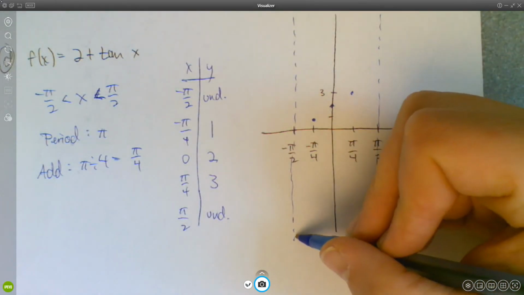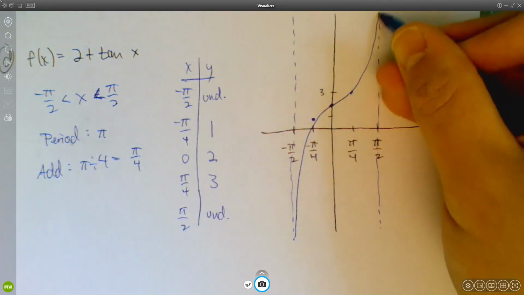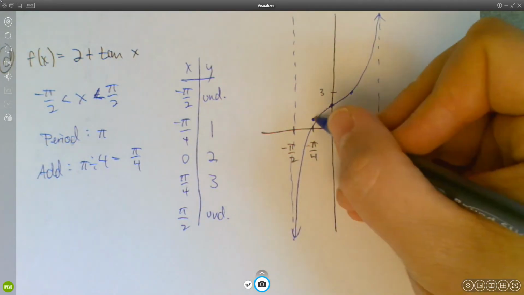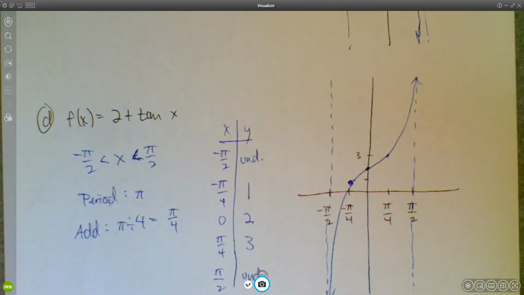Okay, so what you end up with looks something like that. Okay, so there's that one. 2 more. Let's throw some phase shifts in there.